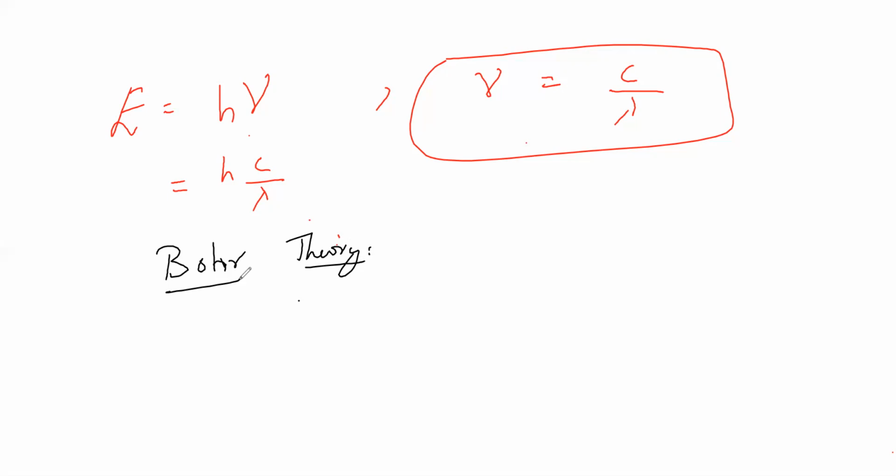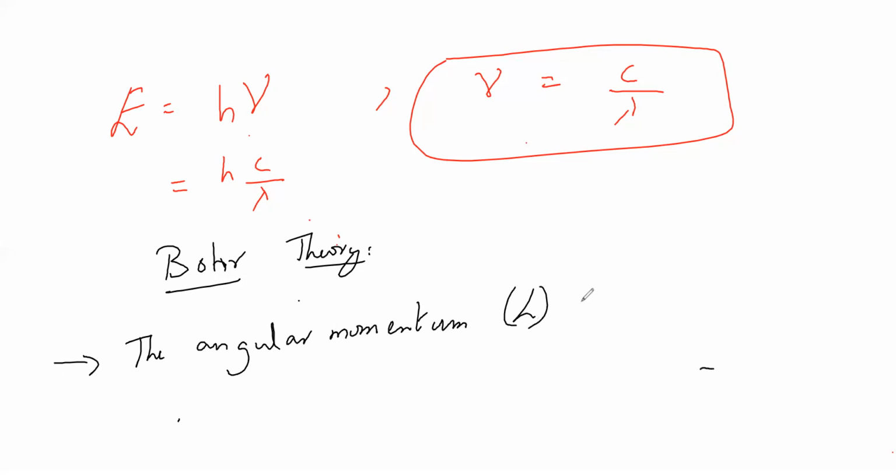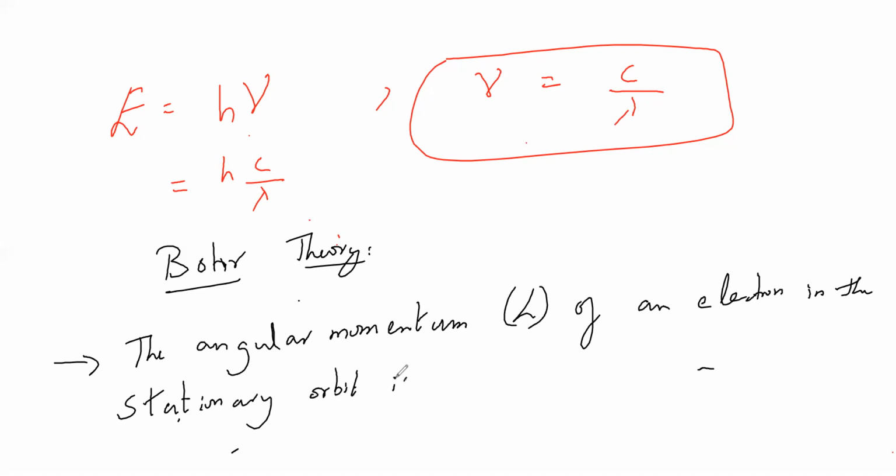One of the most important points in this is the angular momentum L of an electron in the stationary orbit is an integral multiple of h by 2 pi.